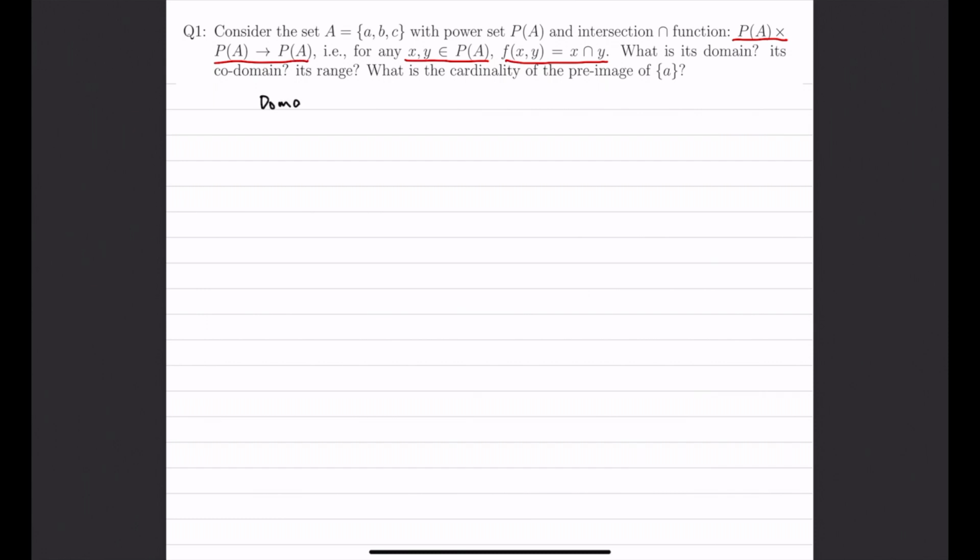The domain is equal to the power set of A Cartesian product the power set of A, and the codomain is equal to the power set of A.